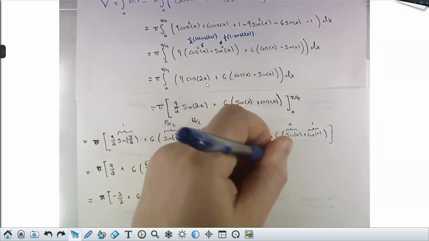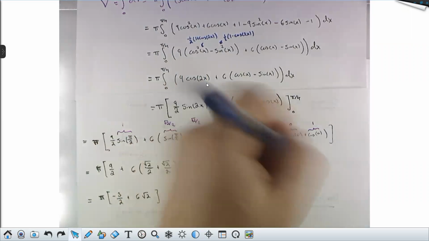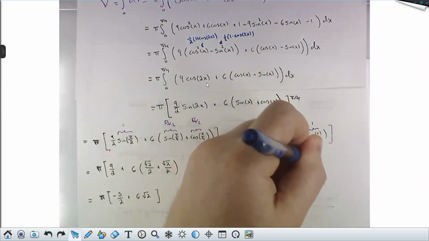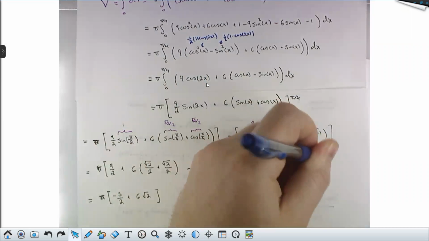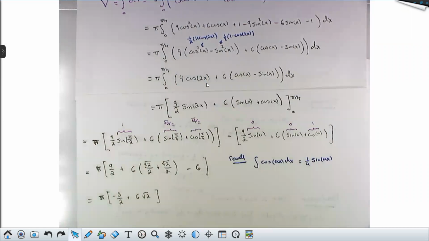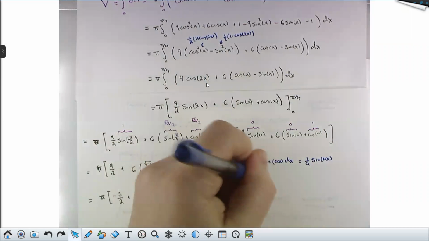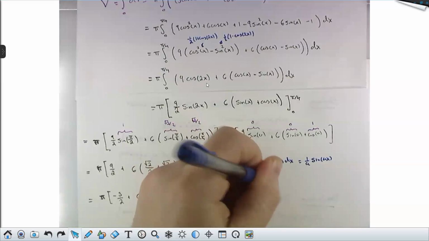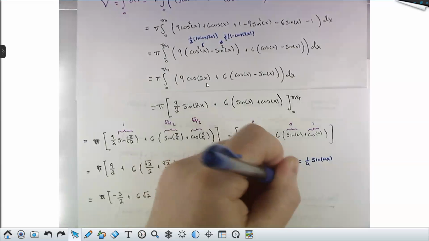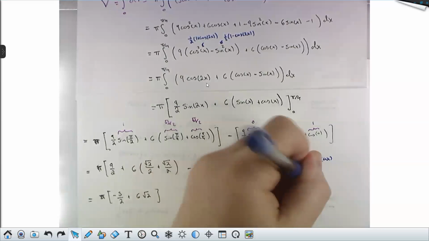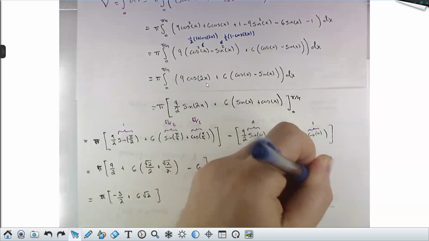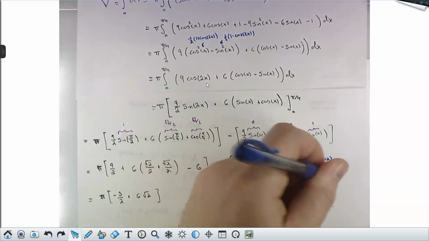The integral of cos ax dx is 1 over a times the sine of ax, or sin ax over a. And the integral of sin ax dx is -1 over a cos ax.